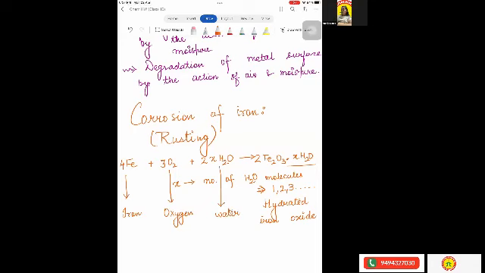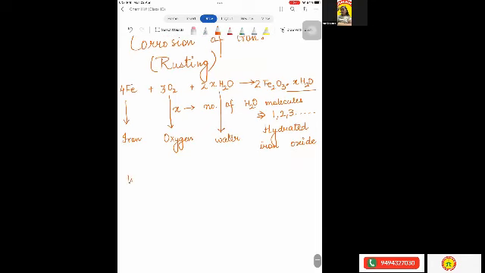And a very important question, what are the necessary conditions for rusting to occur? The two necessary conditions are the presence of air and moisture.